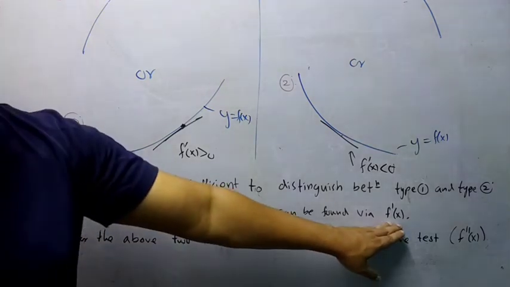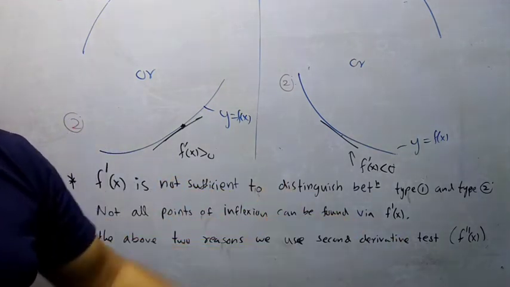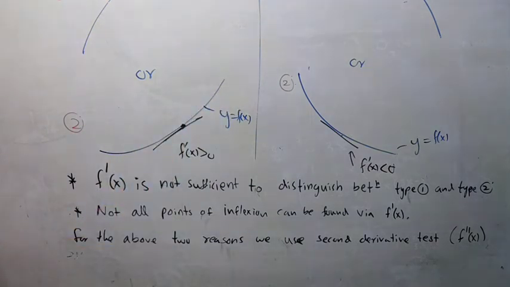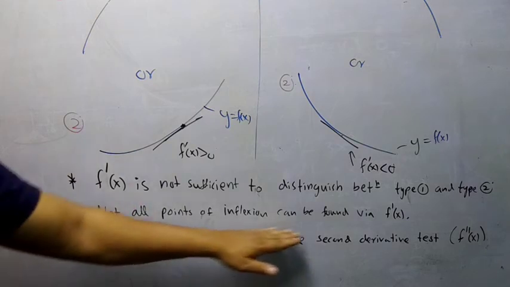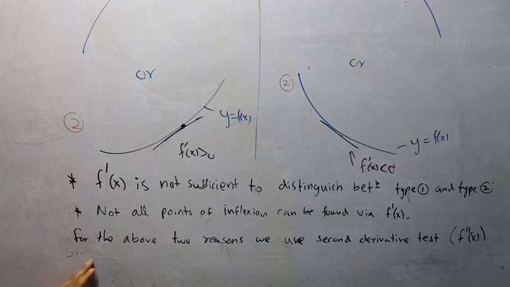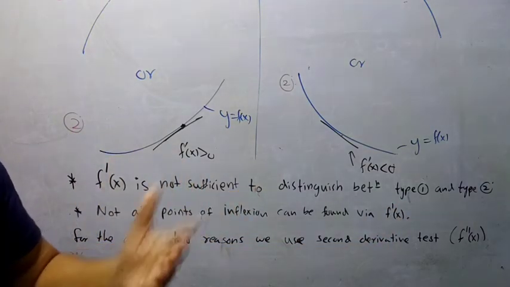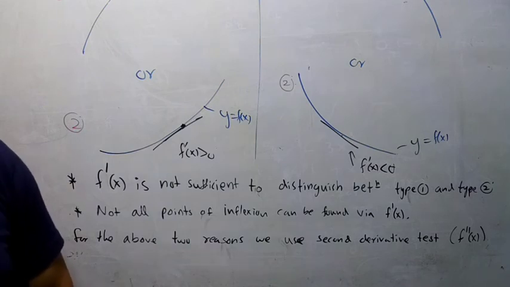So you cannot use f prime of x to determine all types of points of inflection. There are different types of points of inflection which cannot be determined through this test. So for the above two reasons, we use the second derivative test.